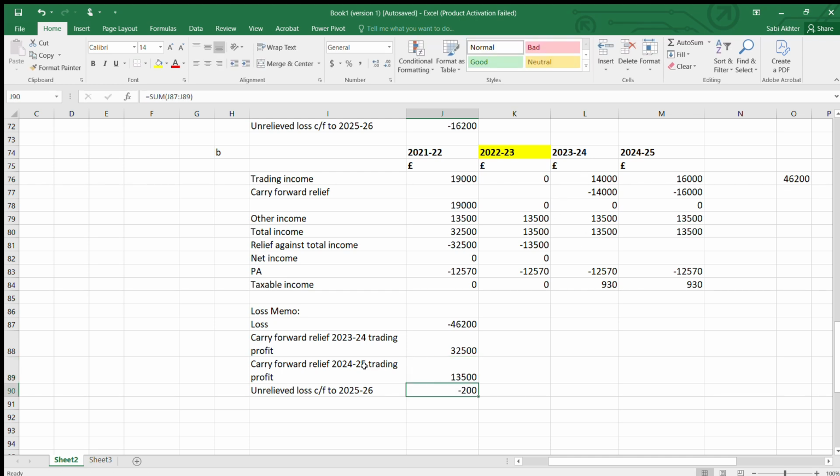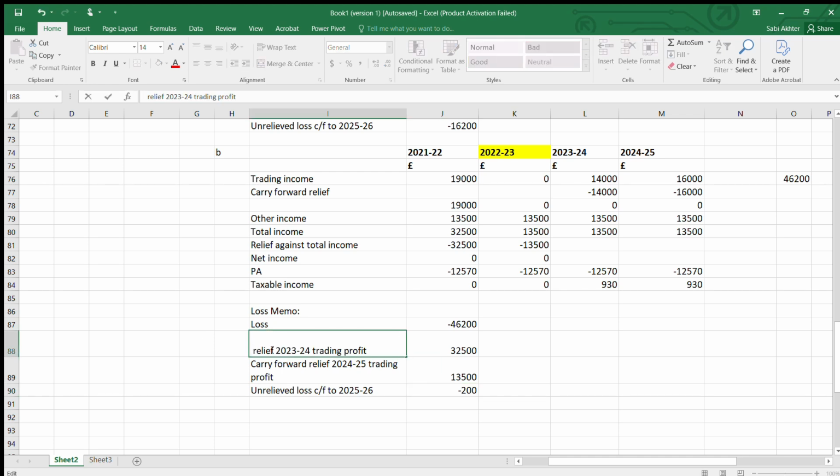But now you have to change the description. Now it is relief against total income. So now it is relief against total income. Change the year 21, 22.